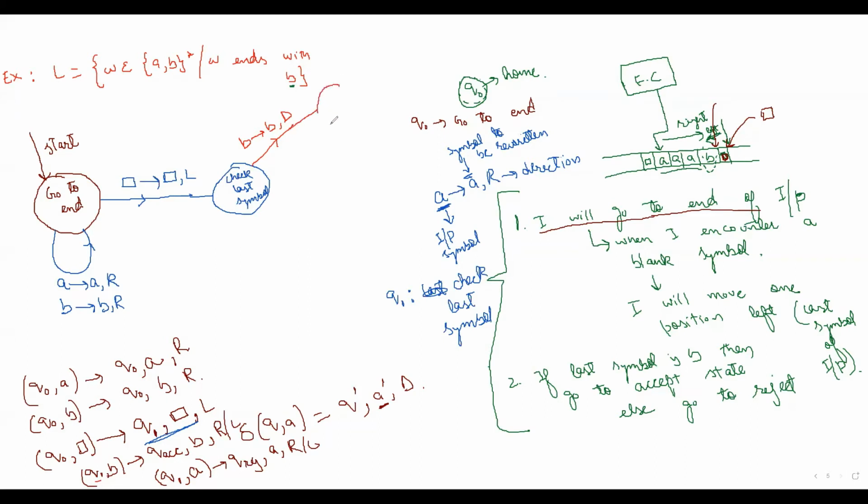Then if it is this, I will go to the Q accept. Okay. However, if the last symbol is A, I will rewrite A and I can move in any direction, but I will go to the Q reject.